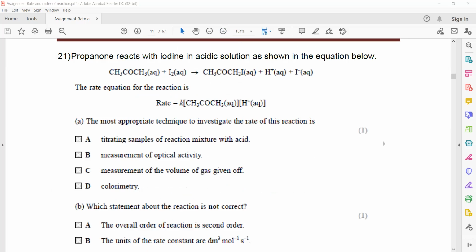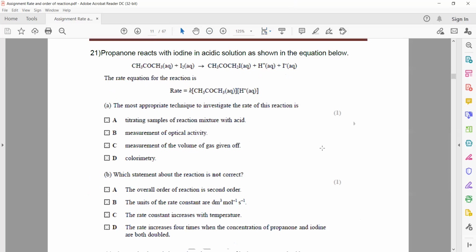So for 21, it's D, colorimeter. Then, which statement is not correct? Probably the unit of the rate constant. It is second order.